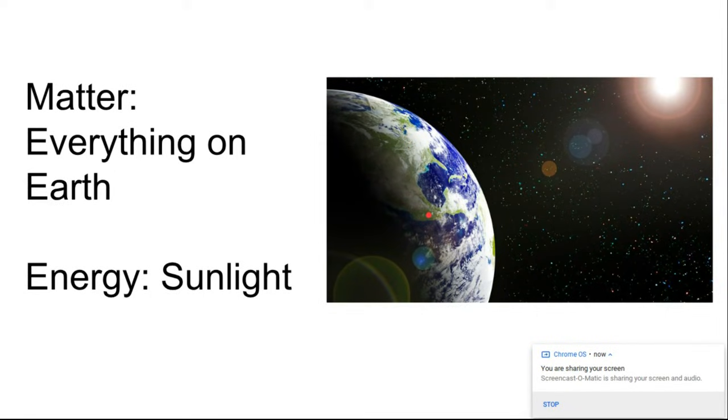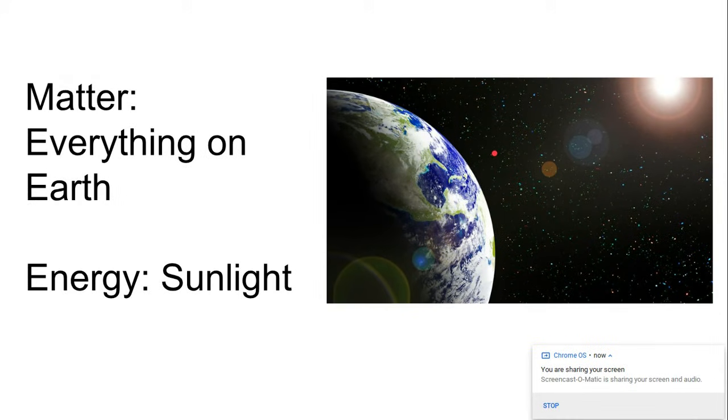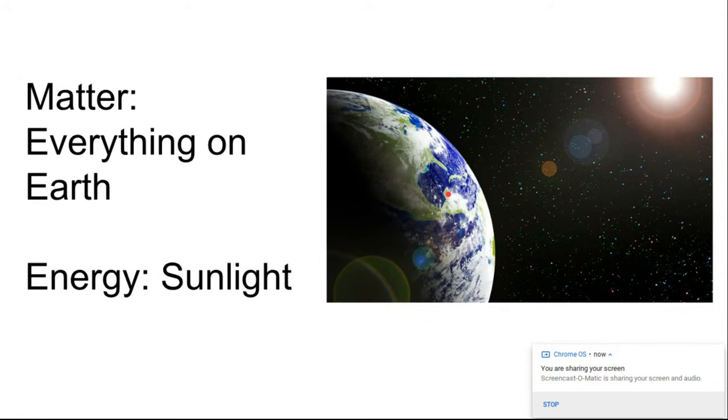Because when we say it's a closed system, we say matter can't come in and matter can't go out. Sure, the matter on Earth can't go out, but we have matter come in every day to our system in the form of asteroids, in the form of meteorites. A lot of them get burned up in our atmosphere, but some of them do make it to Earth.